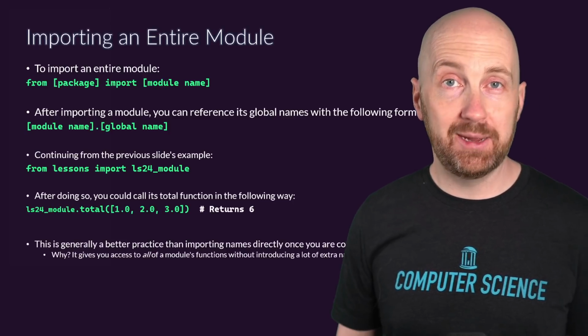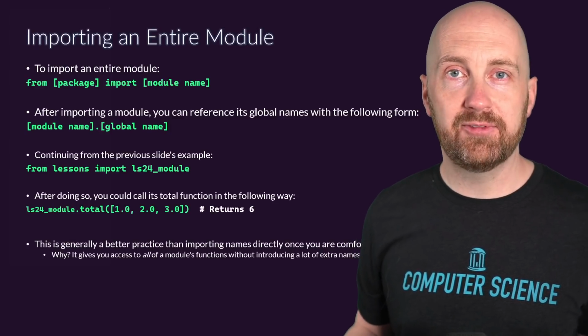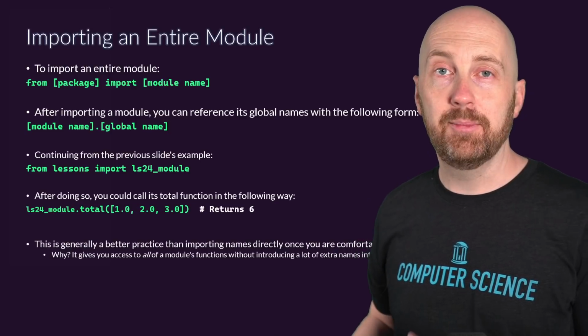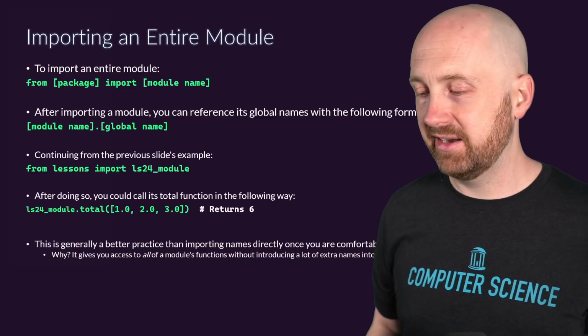Right? So if you've used pyplot in matplotlib, it's the same concept where you import pyplot from matplotlib, and then you can use all of the functions in pyplot by saying pyplot first, dot, and then the function name that you're trying to reference inside of that module.